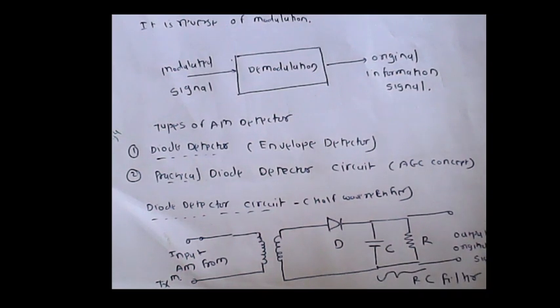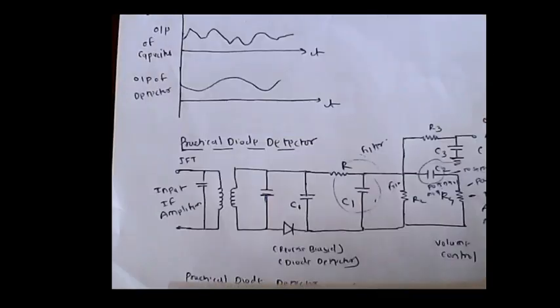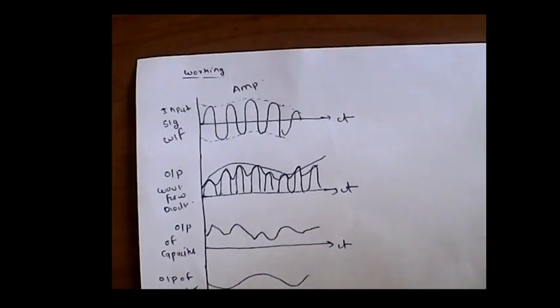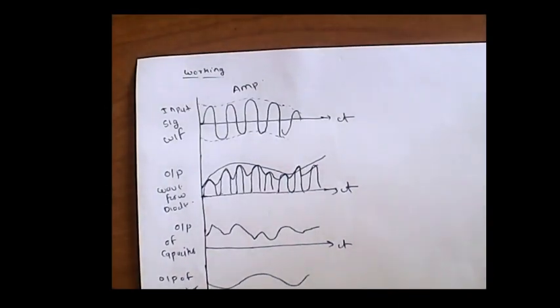This diode detector circuit works much like the half wave rectifier, which will be seen in the first year BEE subject. Now the working of this diode detector.